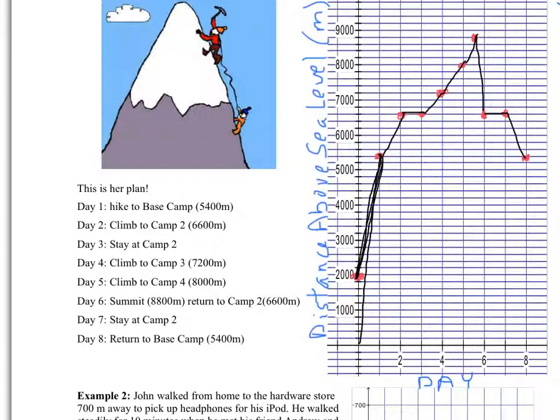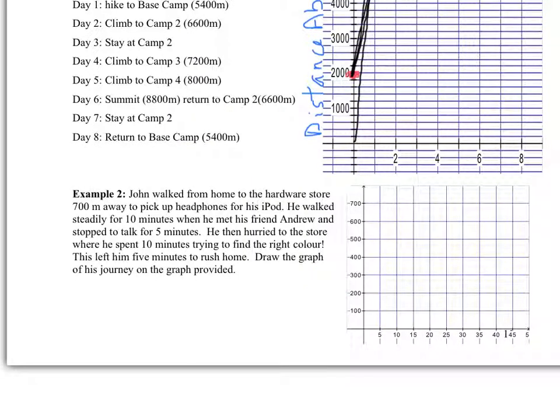All right, for the graph in example 2, given this situation of John walking to the hardware store to get headphones. Again, there are some things in here that aren't 100% specific, so everybody's graph might be slightly different, but should all have the same shape, but certain bits of information will be the same.